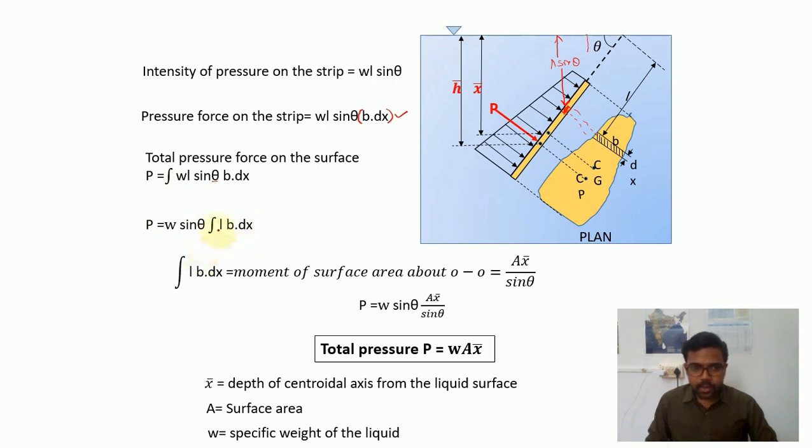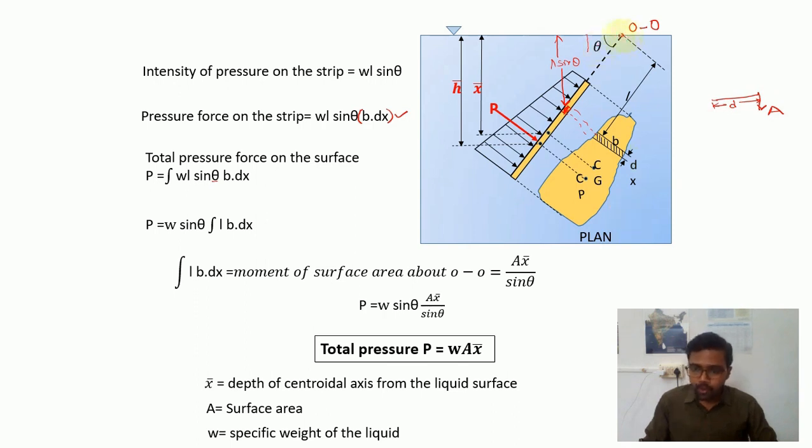We can call this integration of LB dx the moment of surface area about OO. If you take this surface as the OO line, then the integration of LB dx is the moment of surface area. Moment of force you know: force into perpendicular distance gives the moment of force, but area into perpendicular distance gives the moment of area.